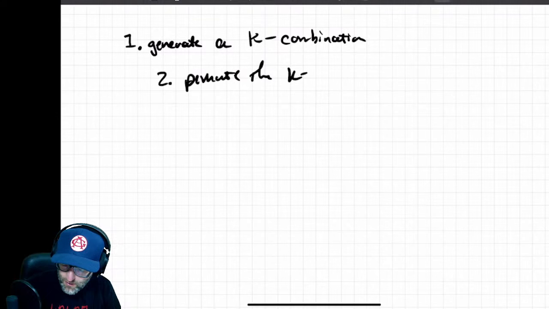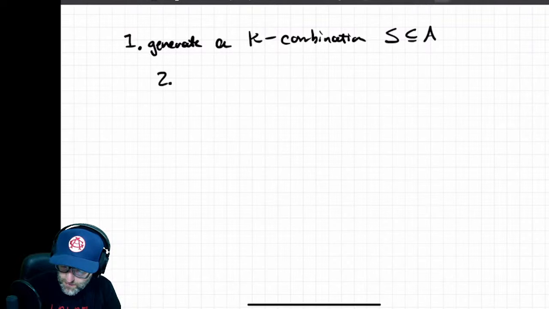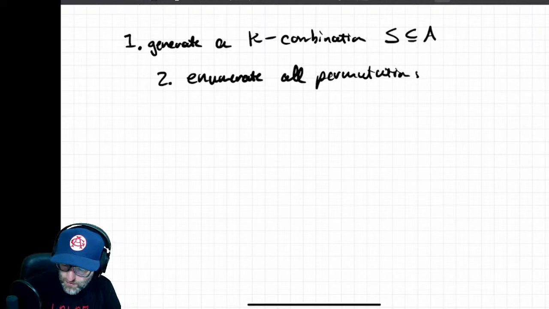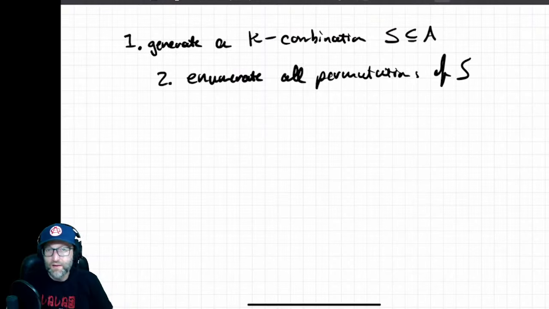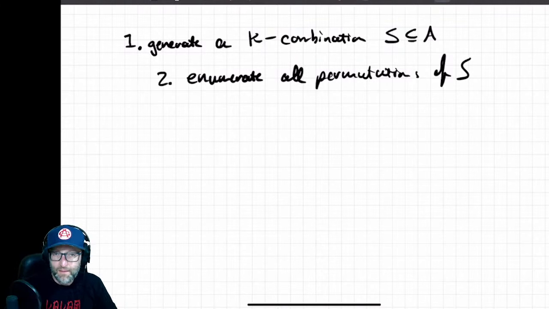I'll call this set S, which is a subset of A. Permute, or enumerate, all permutations of S. That's it.